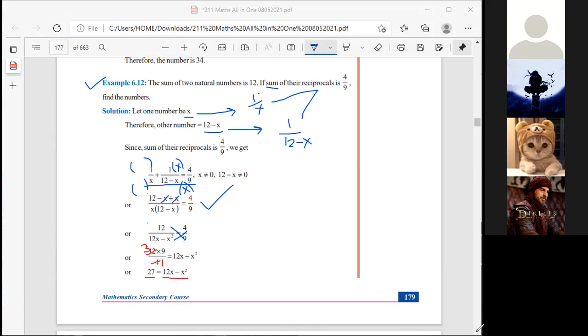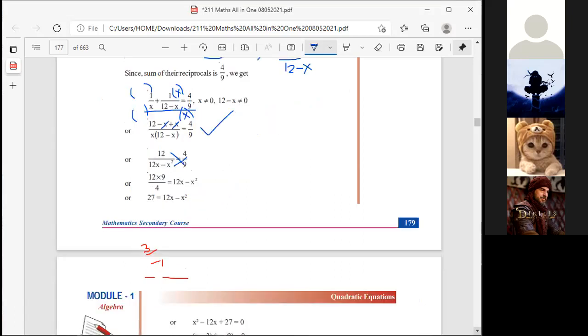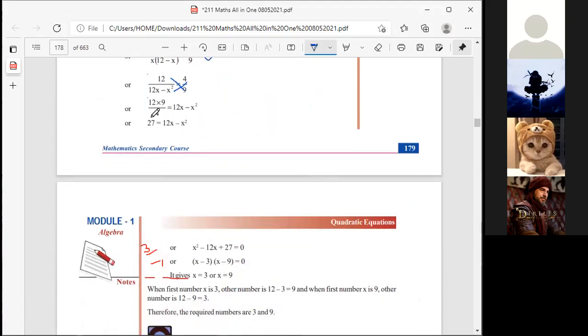Now what are we supposed to do? We are supposed to solve this quadratic equation. To solve it, first we can frame it properly. To frame it properly, I change the sides. That means 12x I write on this side.